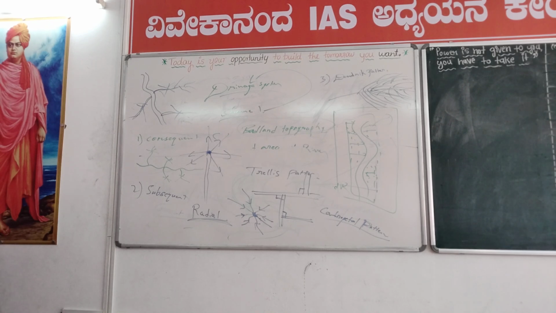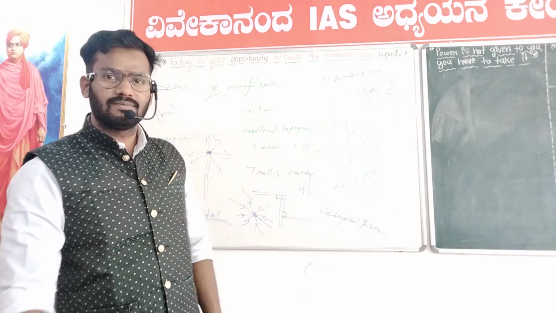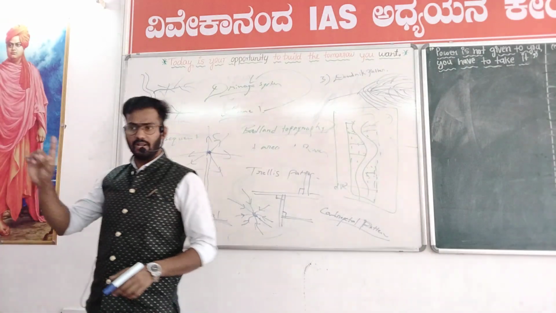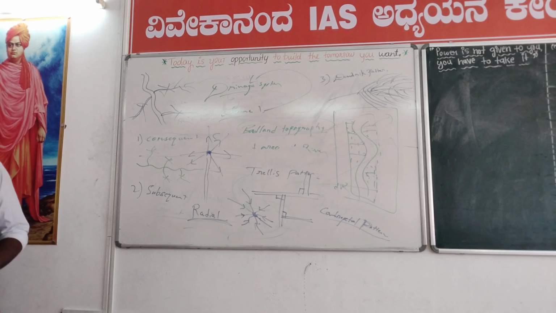There is a national park called Kaibul Lamjao in Manipur. Dancing deer, have you heard? In that national park, there is a lake called Loktak Lake, and that Loktak Lake is filled up with sediments.